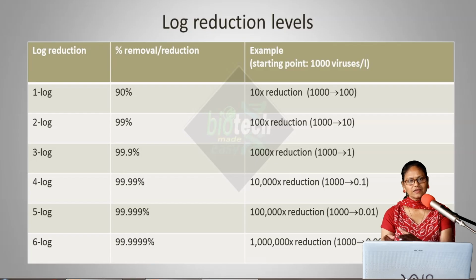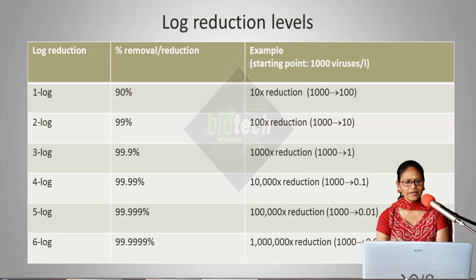This unit and the 1000 can also be changed, because in the real world samples have more viruses than just 1000. I'm giving you this example just to simplify things. So if 1000 viruses are there, after a reduction of 1 log, it will be 100 viruses. So from 1000, it is now 100 viruses. So the reduction has taken place 10-fold.